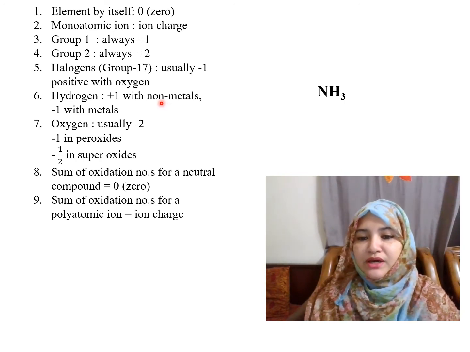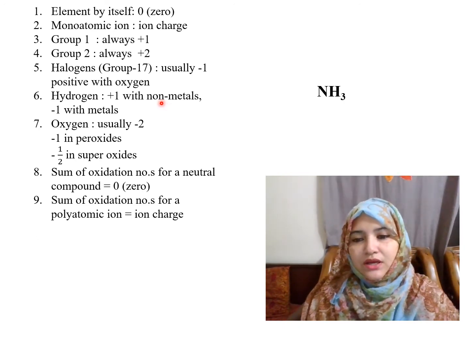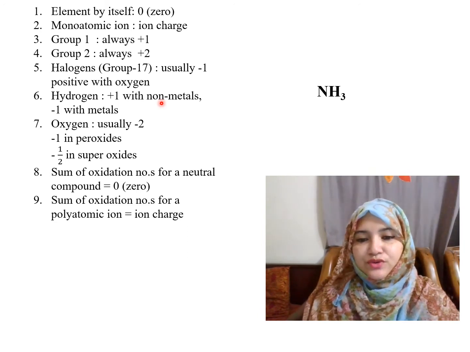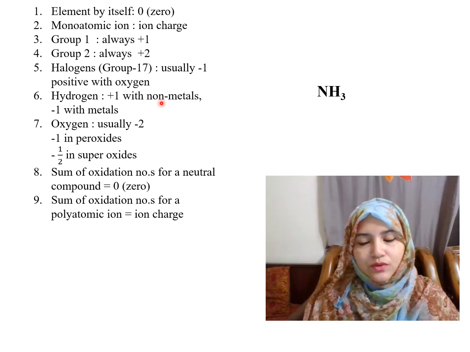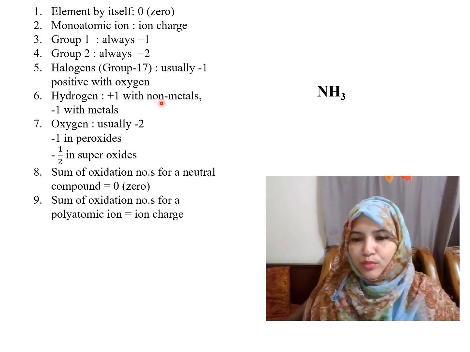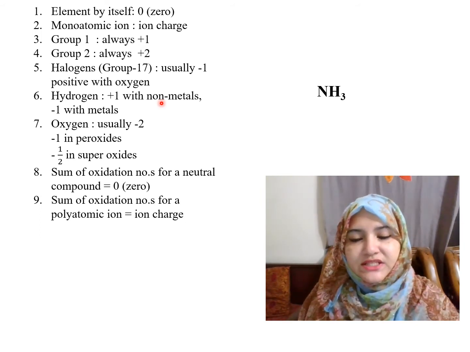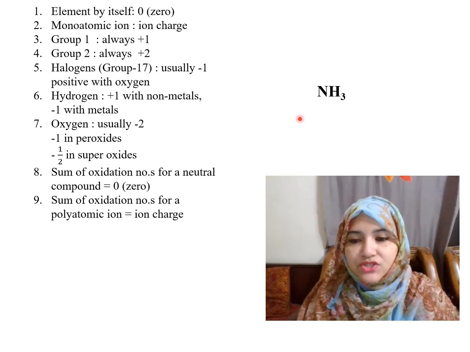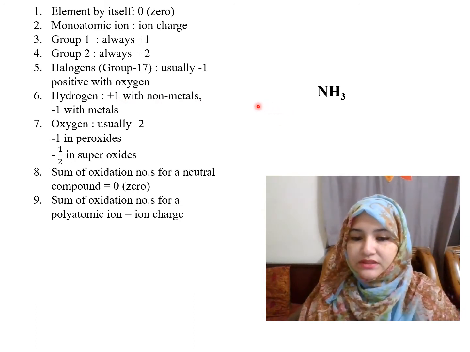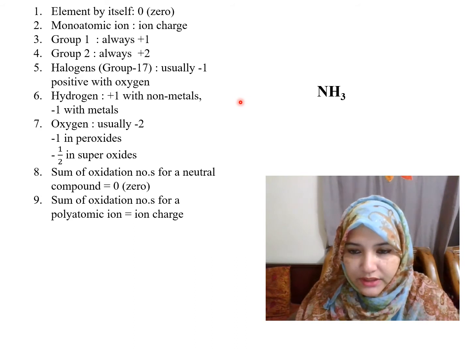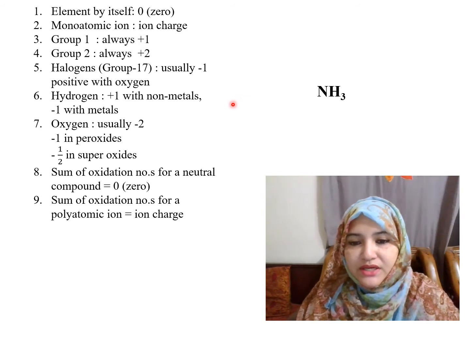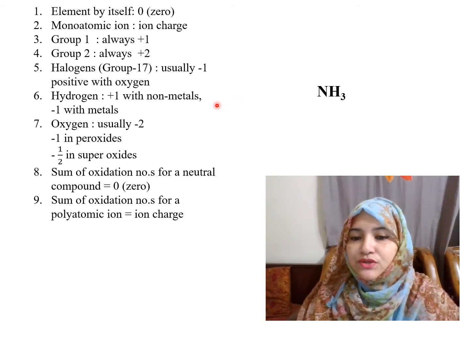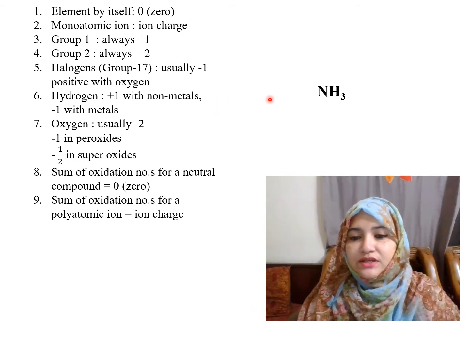To determine the oxidation number, the key point is always electronegativity. Hydrogen is more electronegative than most metals, and that's why it bears a negative charge with metals. But hydrogen is usually less electronegative than non-metals.